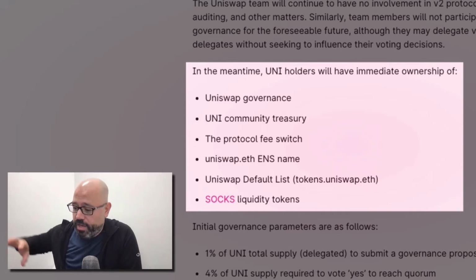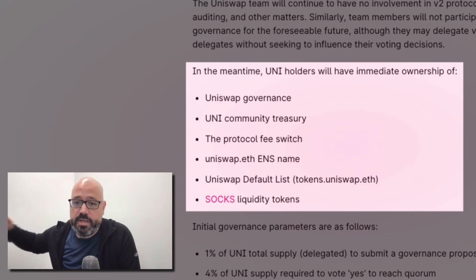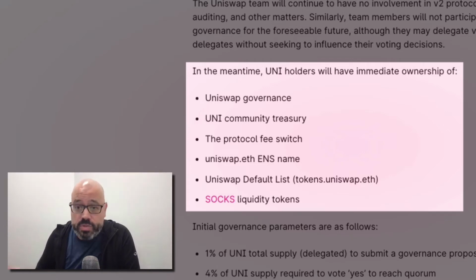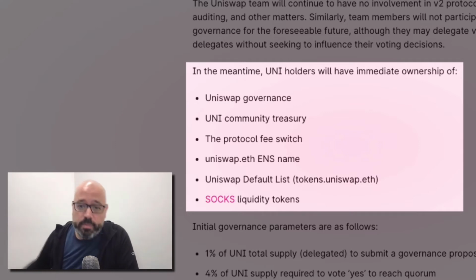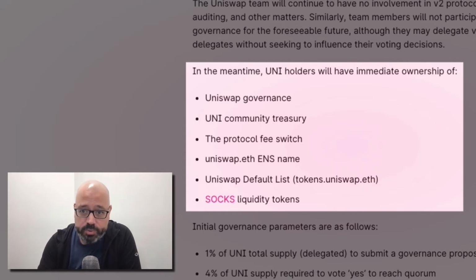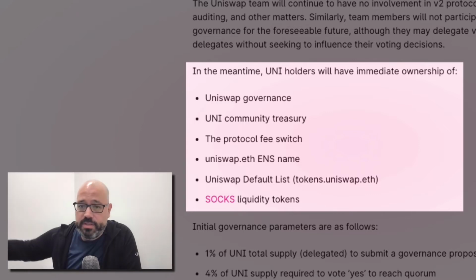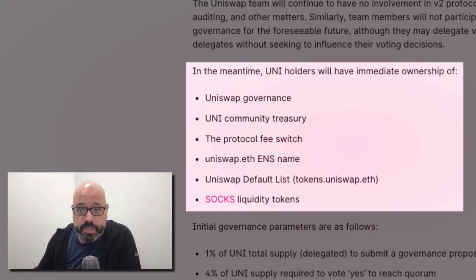This is a treasury containing newly minted Uni tokens, through a vesting process, that go into a treasury, and then Uni holders can decide what they want to do with that treasury. And the treasury consists of more Uni tokens. So they might want to give grants to developers that are developing new ideas for Uniswap and stuff like that. But that in no way affects the core code that's already been deployed on the blockchain that you are interacting with to swap or provide liquidity. So it's a completely separate thing.